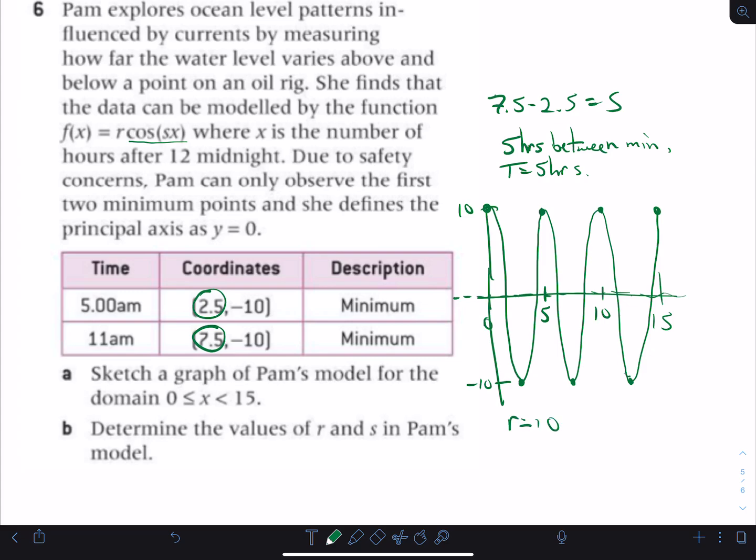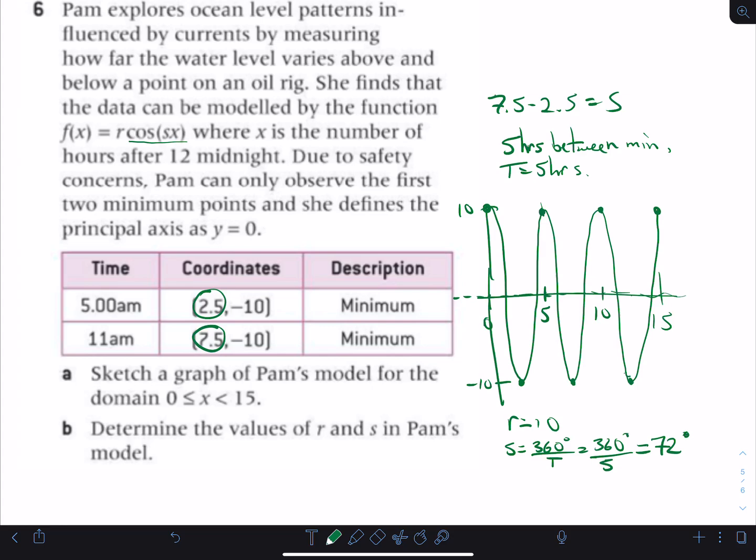And S, for us, is going to be 360 divided by the period, which is 5. That's how long it takes to repeat. So 360 divided by 5 is 72. So there you go.